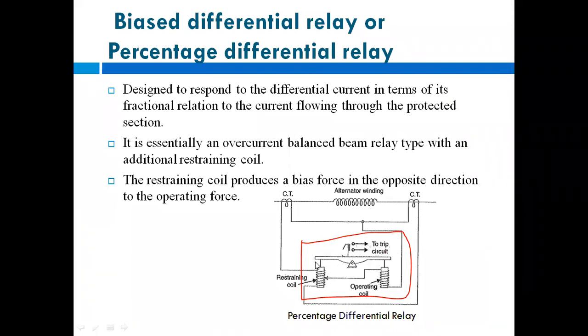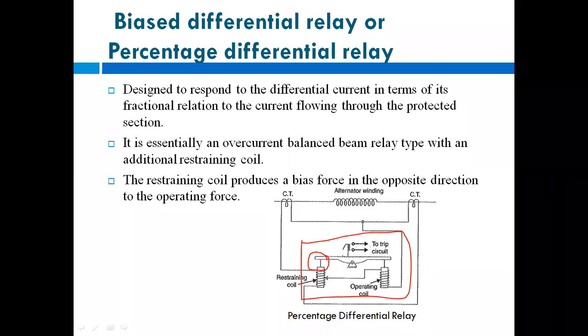There is a spring here, and it will attract this beam towards the restraining coil only when the normal current is flowing.